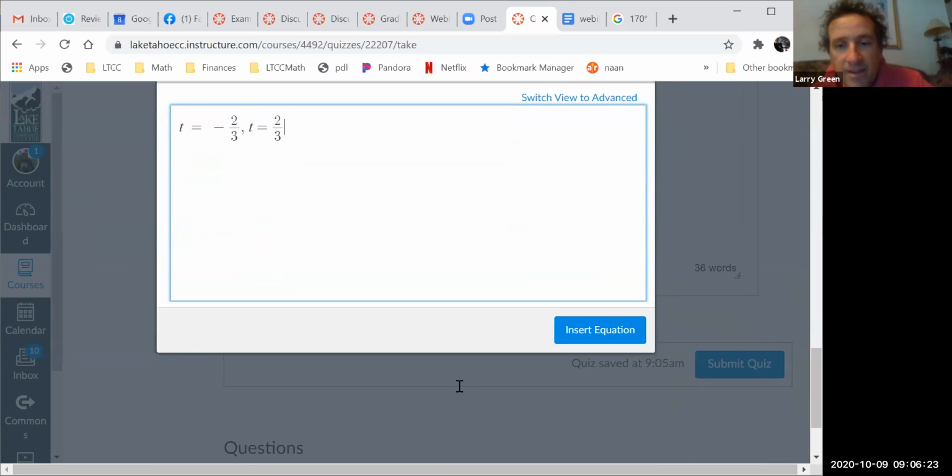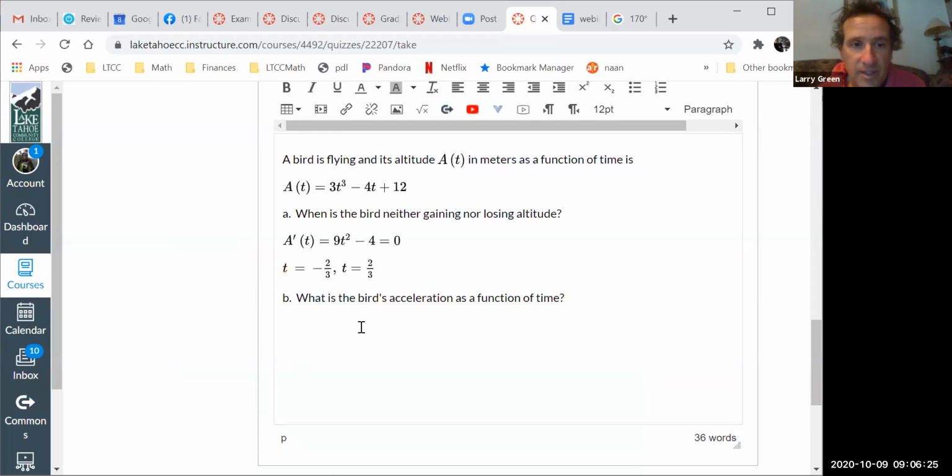So technically, there's 2 answers to this, because they'll both give you 0 when you have a derivative. So that's why I won't take off points, because can it be negative? Technically, yes, because in the question, it does not say that t has to be positive.